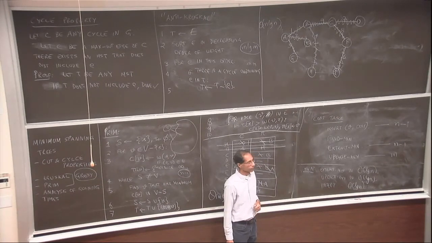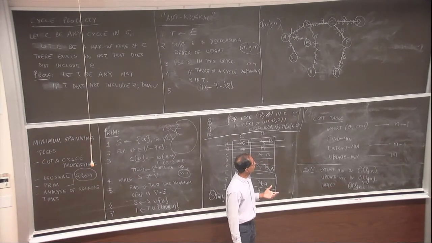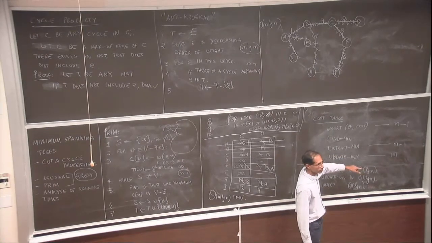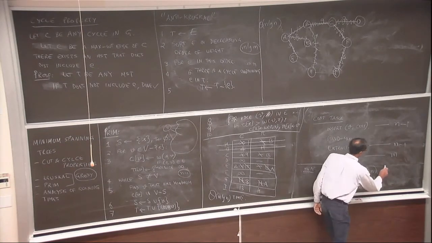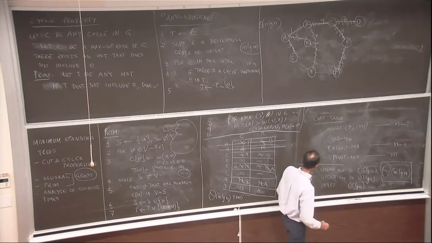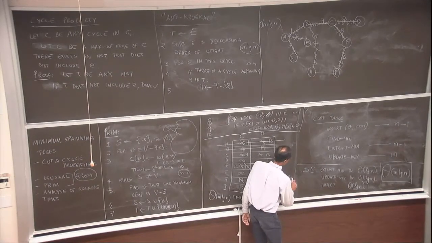Okay. So the whole thing can be done in theta m log n time. And by the way, exactly the same thing holds for balanced binary search trees.